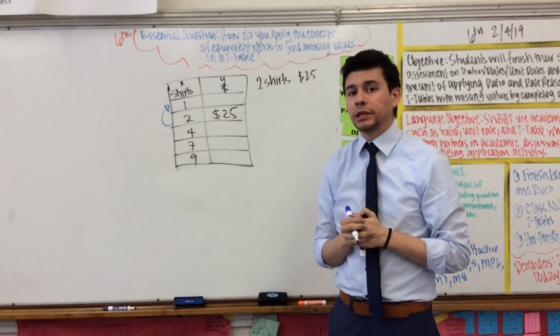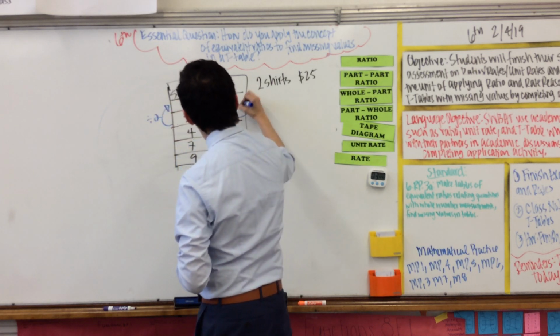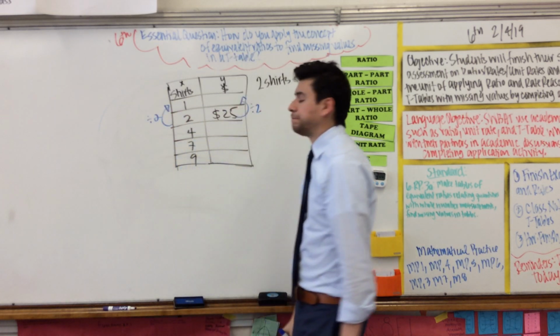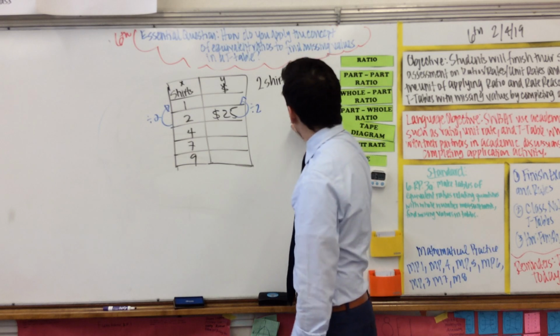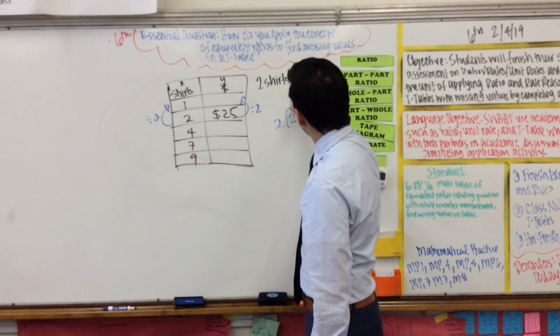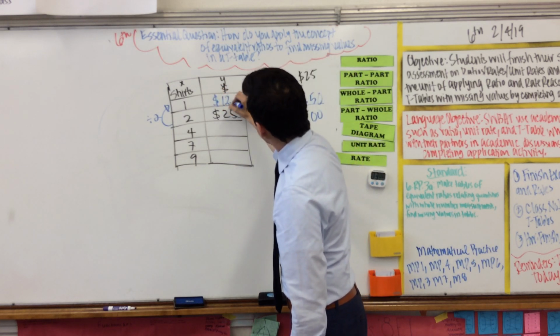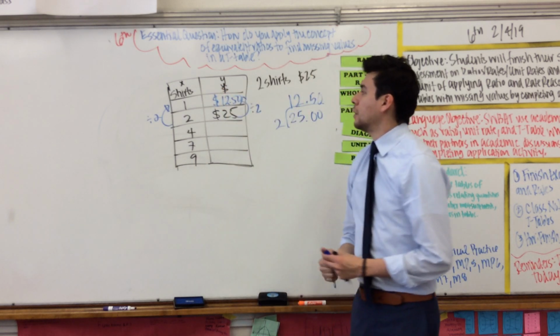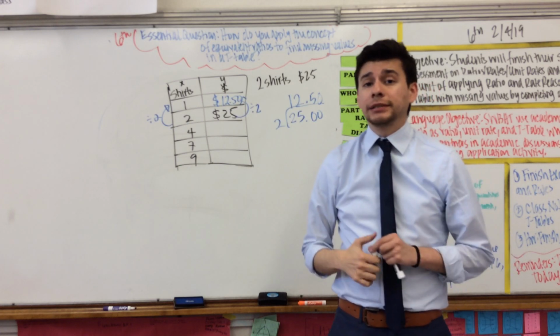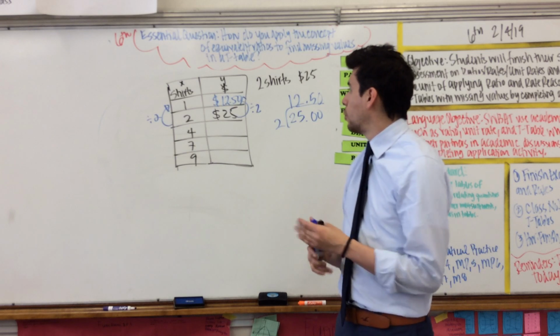How to go from 2 to 1? Divide by 2. So 25 divided by 2 is $12.50. Boom. Once I have my unit rate, this problem, easy. Boom, we're done.